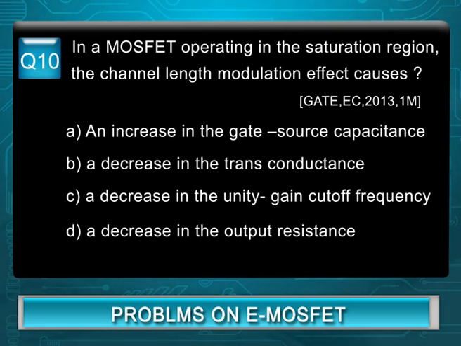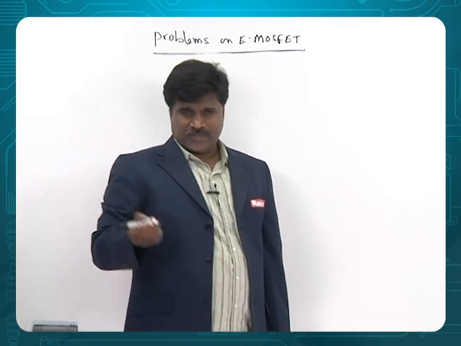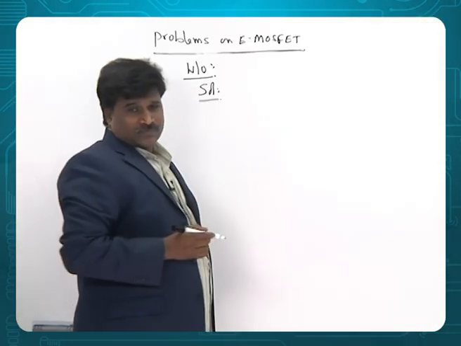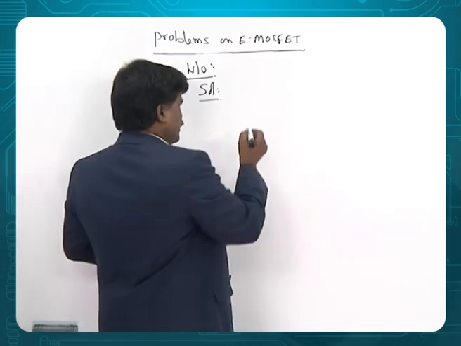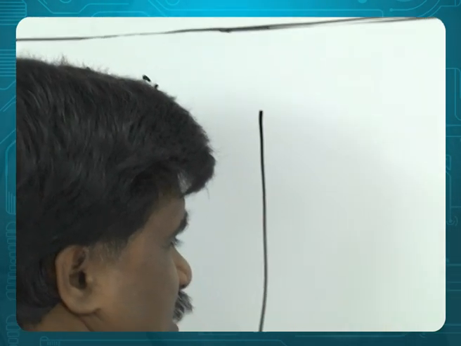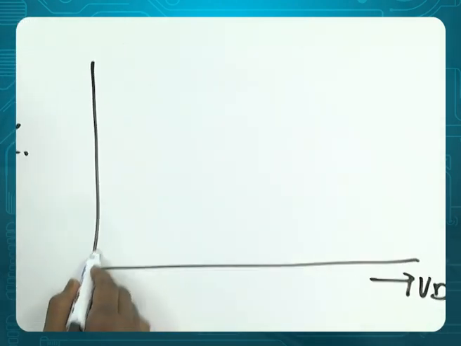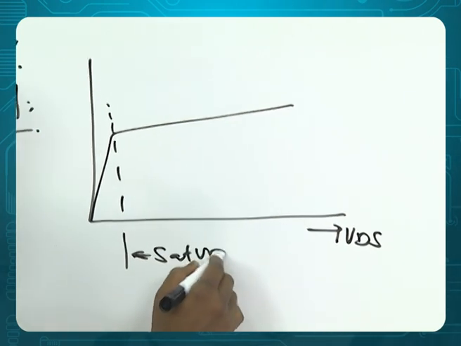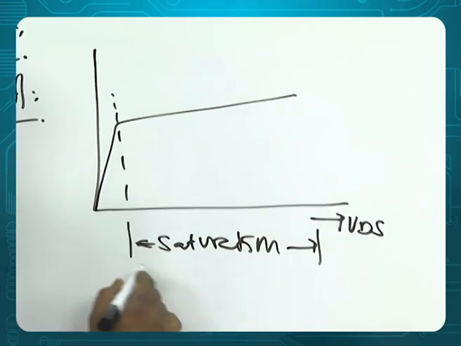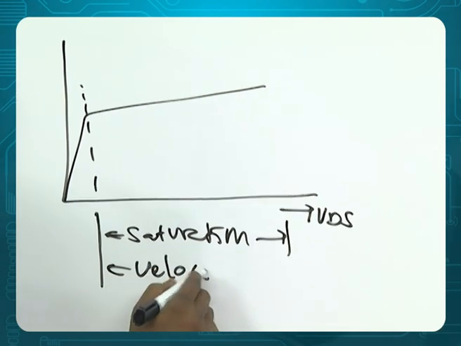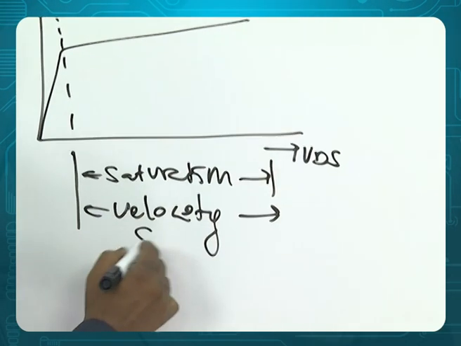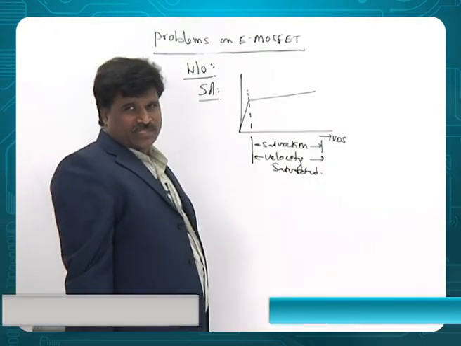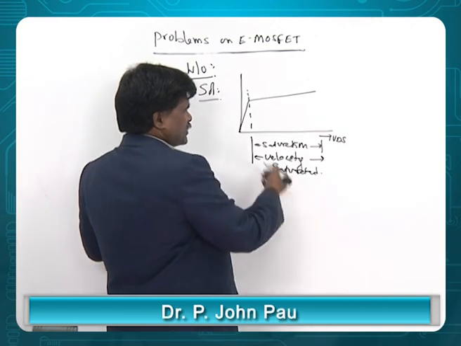Channel length modulation effect. Let's go to the solution. Most of the questions are coming on the saturation region. What is saturated here? Velocity is saturated. When velocity is saturated, we call it the saturation region.